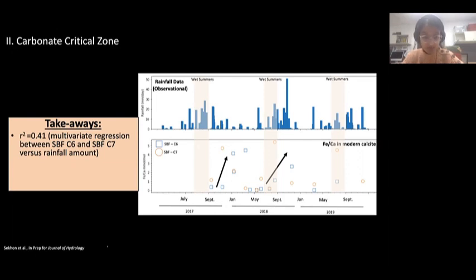There is a positive correlation of about R squared of 0.41 that suggests that iron to calcium ratios are increasing following the North American monsoon rain events.